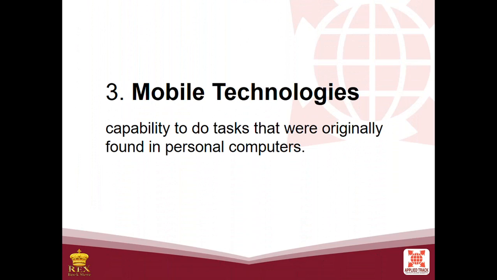Okay, let's move on to the third trend. You have the mobile technologies. This has the capability to do tasks that were originally found in the personal computer. We already mentioned this in the technological convergence. Having the task at your own fingertips is very easy, because you cannot carry your desktop wherever you go.